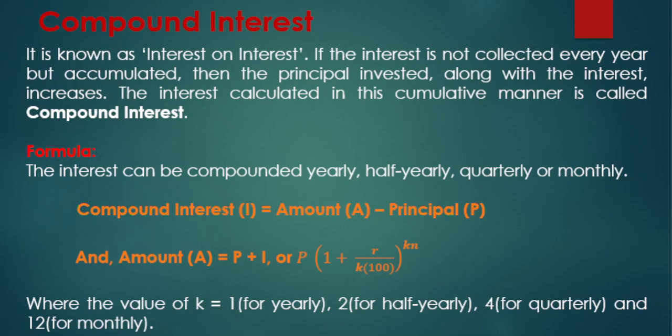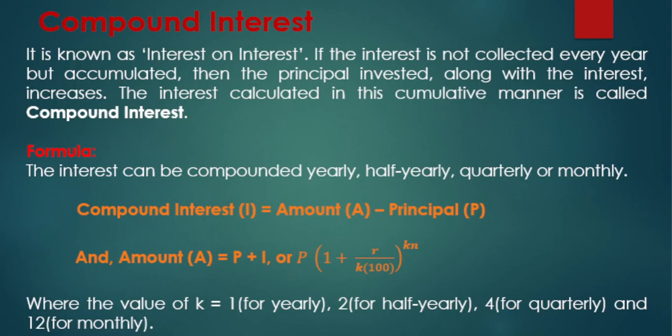Now we will come to compound interest. Compound interest is known as interest on interest. If the interest is not collected every year but is accumulated, then the principal invested along with the interest increases. The interest calculated in this cumulative manner is known as compound interest, and the formula for calculating it depends upon the compounding period.